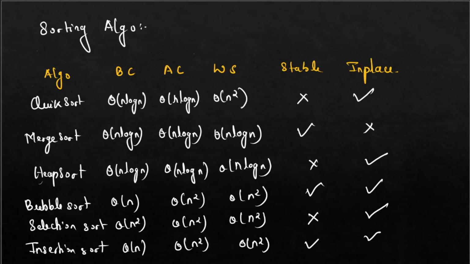Now for binary search, I am discussing the binary search tree. So it is a tree in which every node satisfies that all the keys in the left subtree are smaller than the node and the keys in the right subtree are greater than the node.